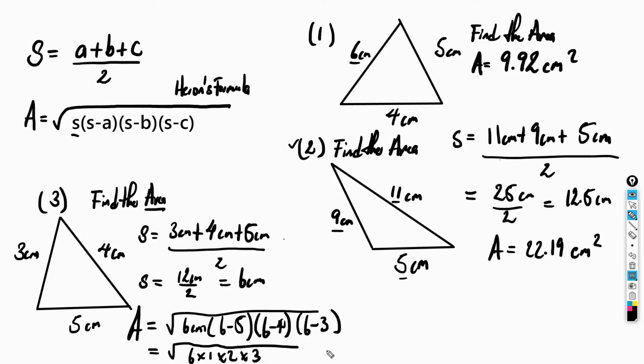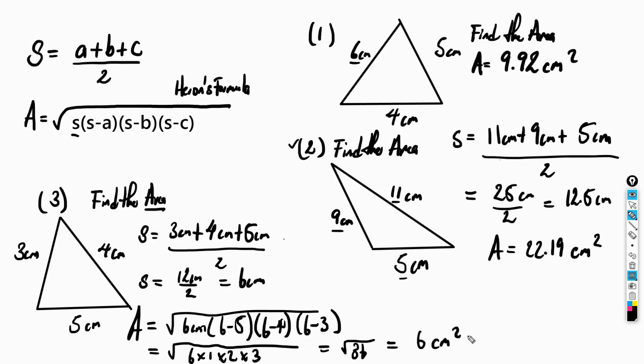So we actually should end up with the square root of 36, and we already know that the square root of 36 is 6 centimeters squared. So that one was pretty easy, guys. 6 times 2 times 3, square root is 6.